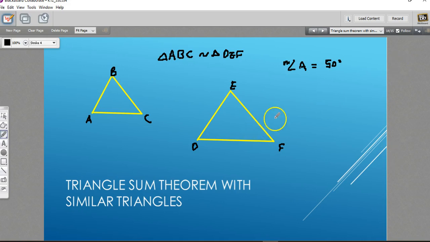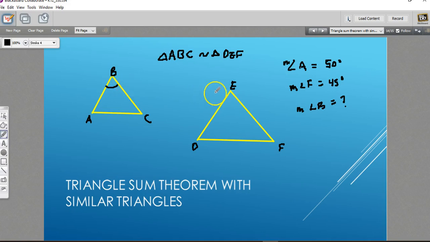Okay. And then they tell me that the measure of angle F is, let's say, 45 degrees. Then they want me to say, well, what is the measure of angle B? They want me to find the measure of angle B. Okay, so this guy right here.